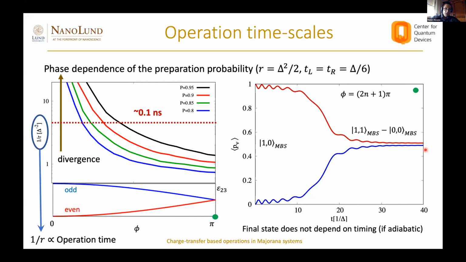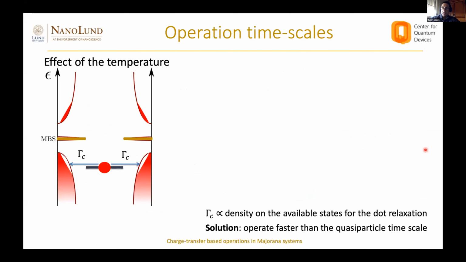Okay, this is a very nice picture, but up to here I haven't considered the effects of temperature. The effect of temperature is basically to break Cooper pairs and to excite quasi-particles from below the superconducting gap to the continuum above. So there will be some finite available states below the superconducting gap here.